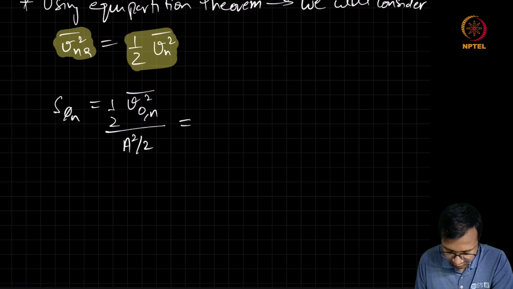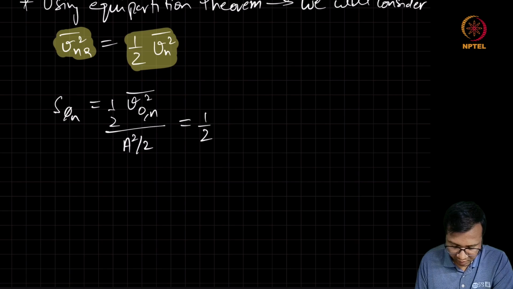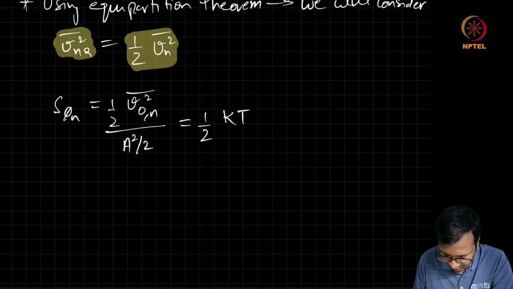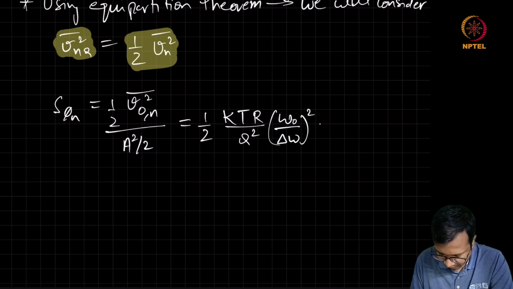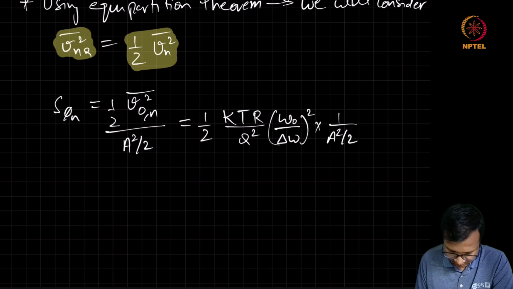So this is going to be equal to half of V_on square, which is kT R by Q square, omega naught by delta omega whole square, into 1 by A square by 2.